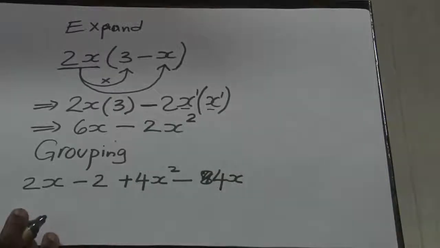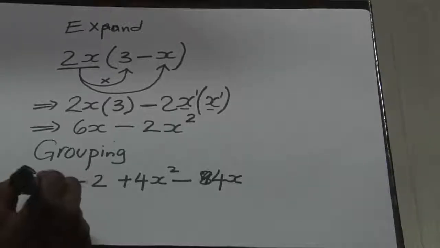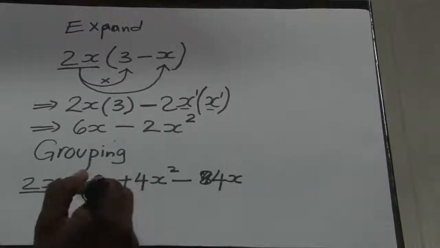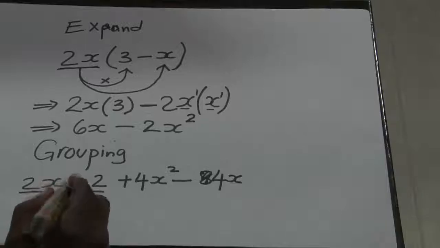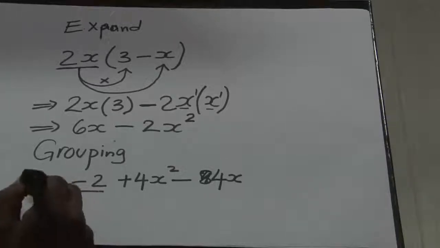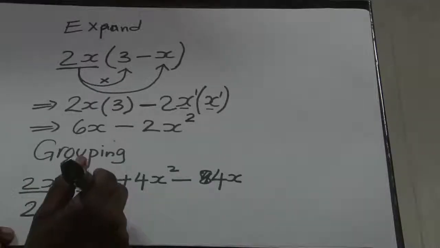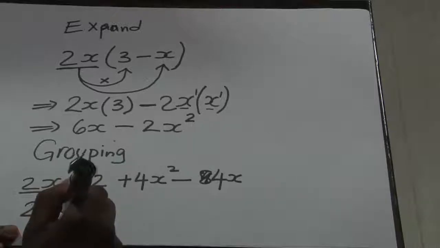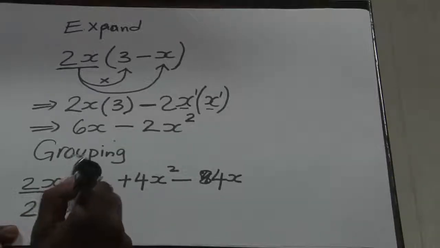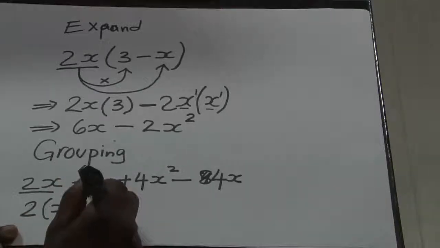So to group this, what you can do, you can take the first two terms and factorize them. The highest common factor here is 2, and there's no other common factor, so you have 2 outside the brackets, and then x minus 1.